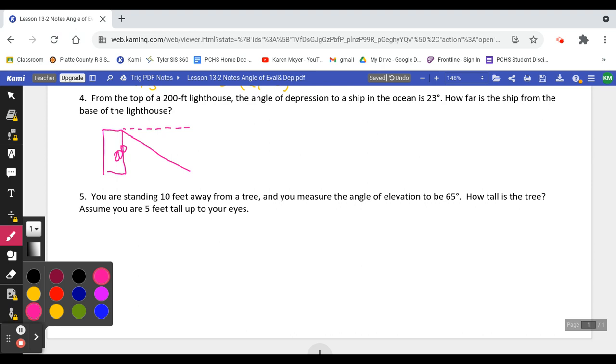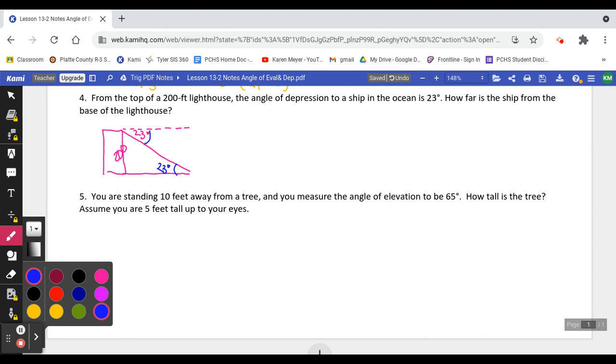So it's on the top, on the outside. So this angle is 23 degrees. But then you're going to say, what do I know about angle of depression and angle of elevation? They are congruent. So the bottom angle is also 23 degrees.